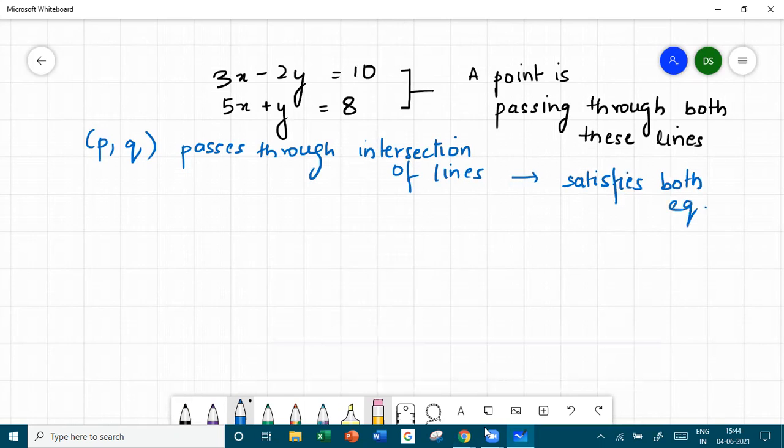And if it satisfies both the equations, it is basically a solution of the pair of linear equations, correct?